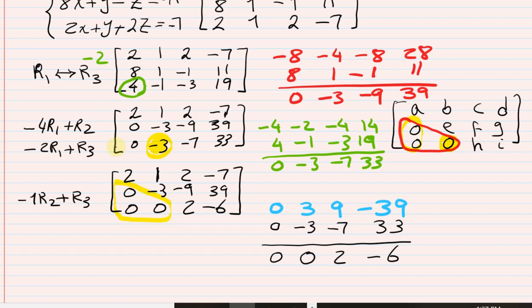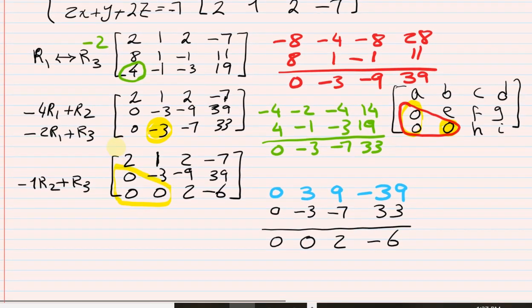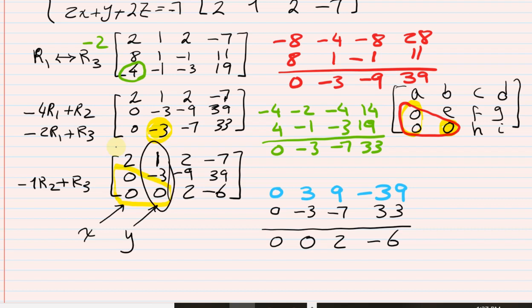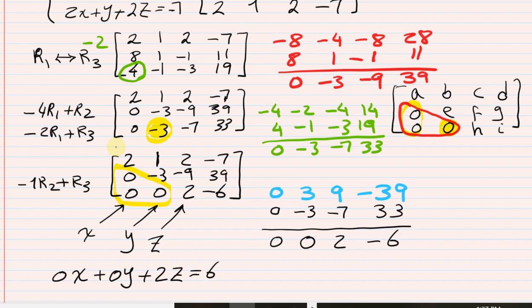At this point, we're going to translate the third row into an equation. Remember, these are the numbers on X. The numbers in this column are the coefficients on Y. And the numbers next to those are the coefficients on Z. So the third row reads, just to be complete, 0x, 0y, which we don't usually write, plus 2z equals -6.